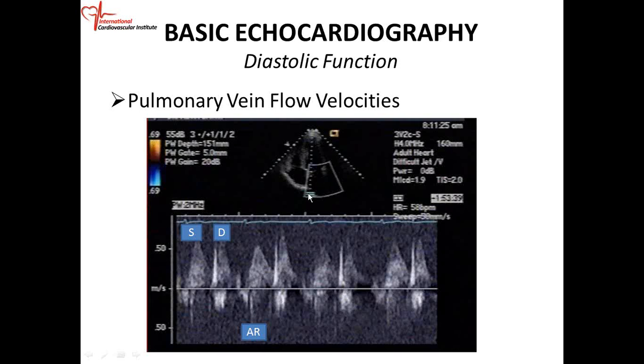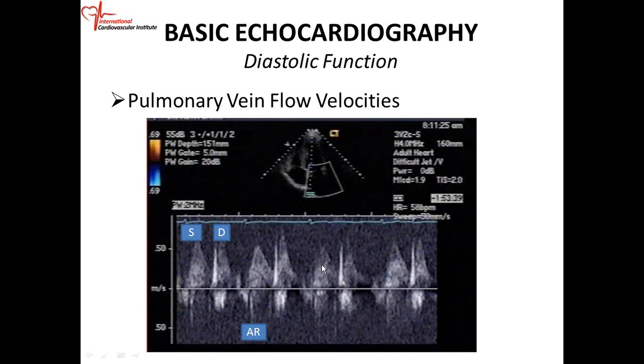In diastole, blood is still flowing from the pulmonary vein into the left atrium. But when the atrium contracts, it pushes the blood in the opposite direction. Now the blood is moving away from the transducer, hence it's below the baseline. So you get a systolic component which is above, a diastolic component which is also above, but the atrial reversal is because the atrium contracts and pushes blood in the opposite direction.